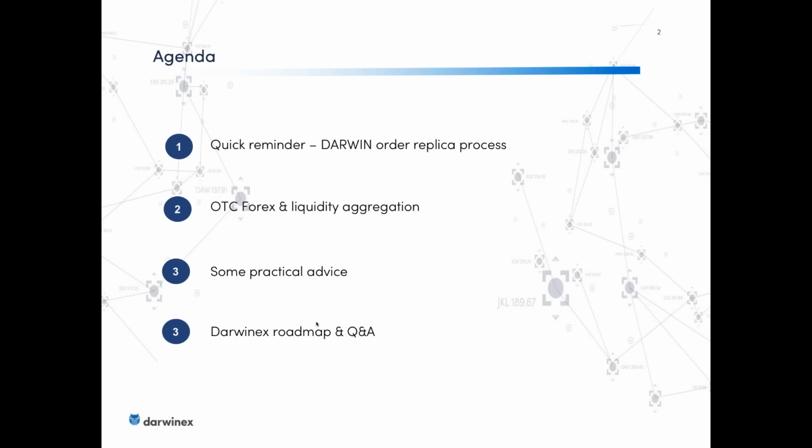I will give you some practical advice on easy to implement measures to optimize typically algorithmic trading, and then also share some ongoing thoughts on the Darwin-X roadmap when it comes to managing capacity.